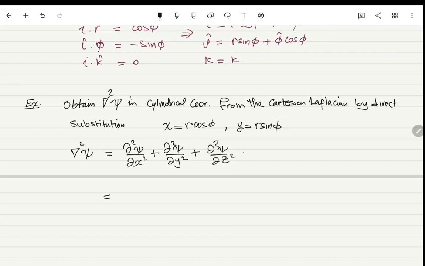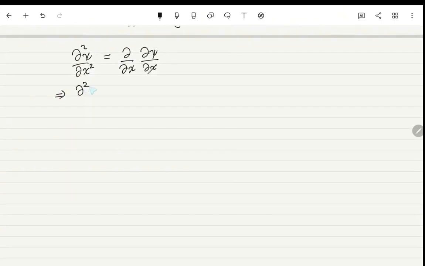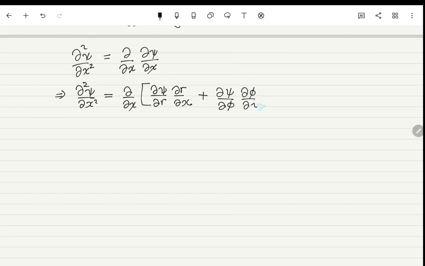And we can write down partial 2 psi by partial x square as partial x of partial psi partial x, so partial 2 psi partial x square will be equal to partial x times now partial psi partial r partial r partial x plus partial psi partial phi partial phi partial x.